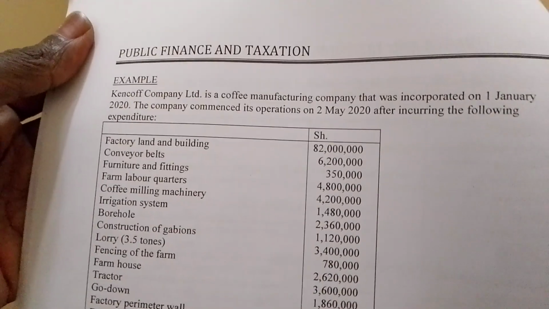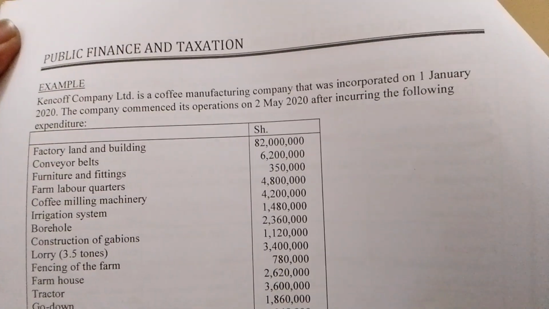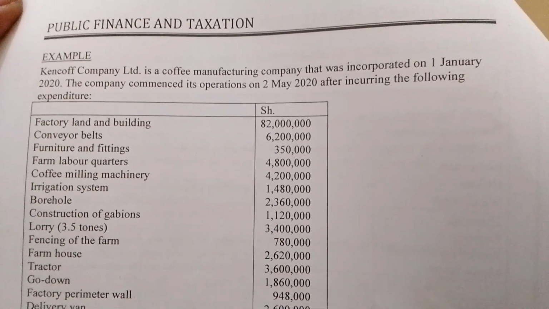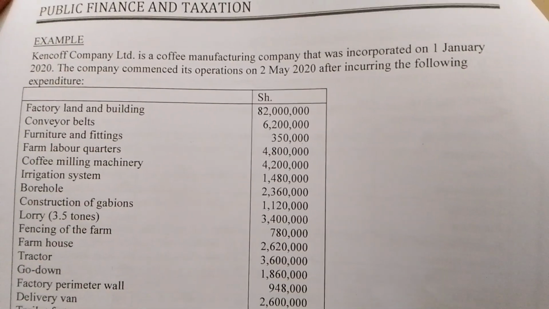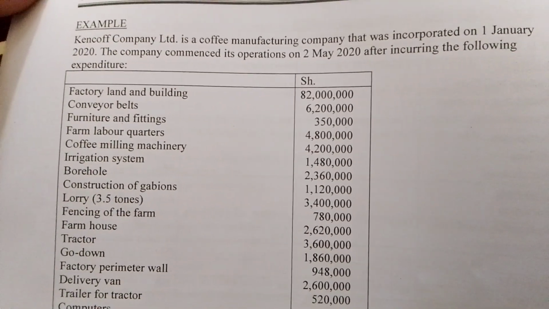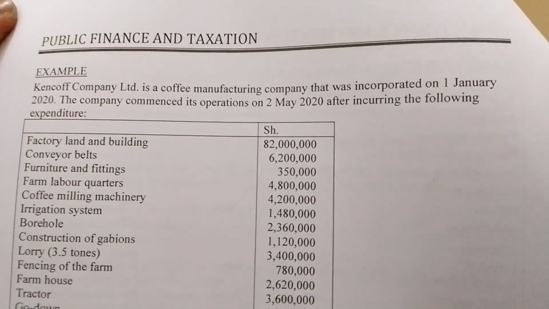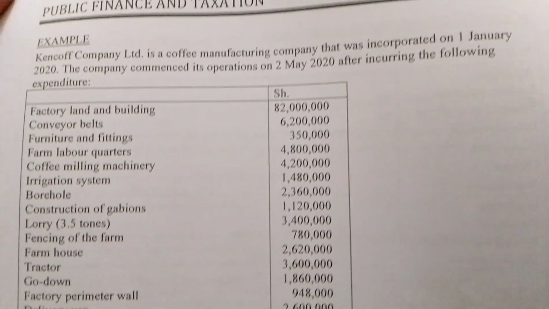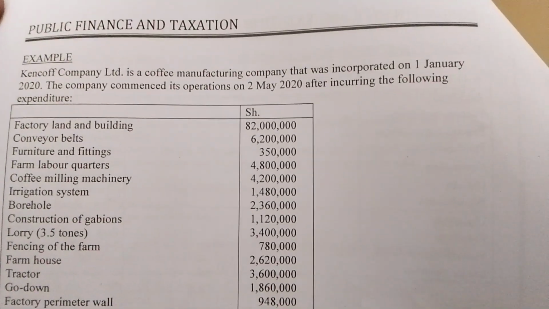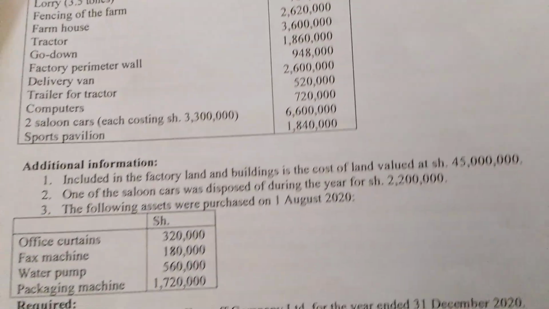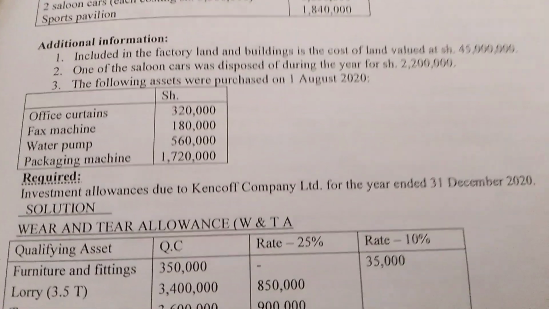Just pause our video again and you go through the question as I show you the solution. Now we have done a lot of classes and a lot of revisions concerning investment deductions. Just go through the question.